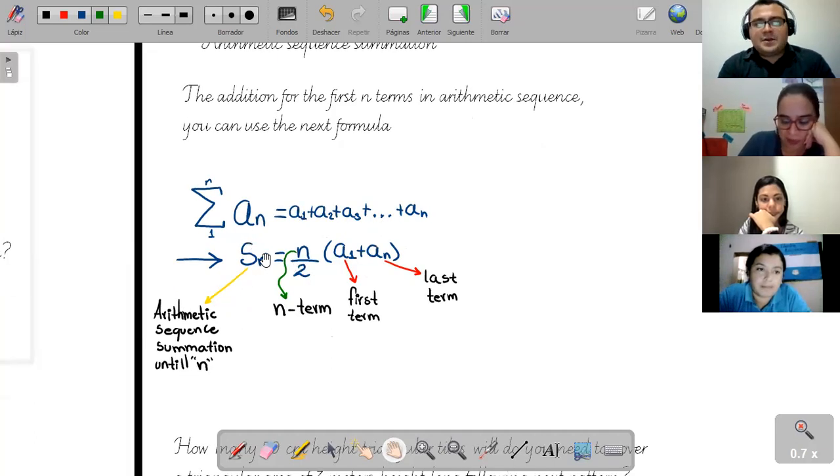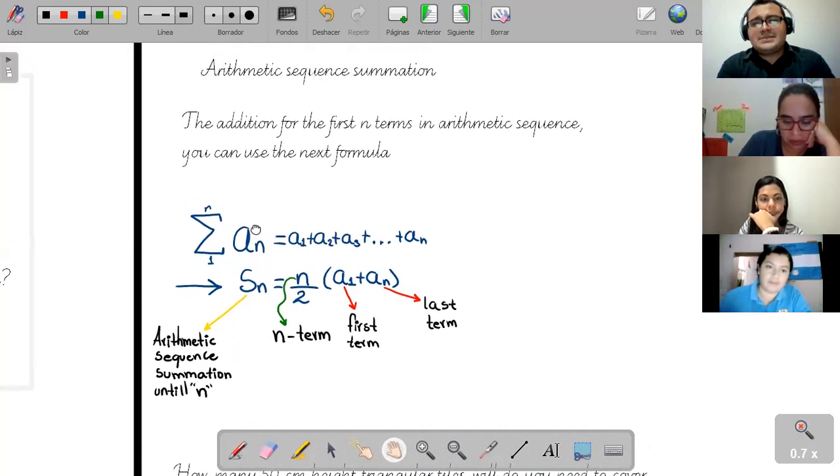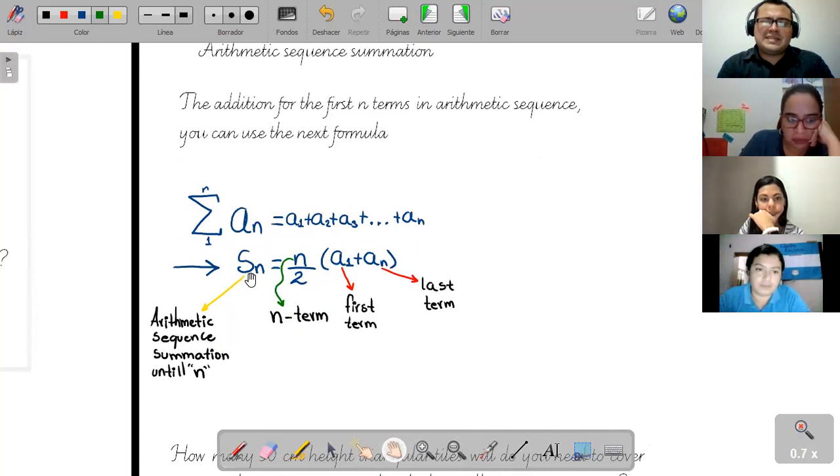This S with the letter n, which is a little bit like a, and there's a little condition that for these sequences, we cannot use the letter S alone, because the S represents the summation of these n terms. You will need the next expressions or ideas: the n term, the first term, and up to what value you want to make this addition.